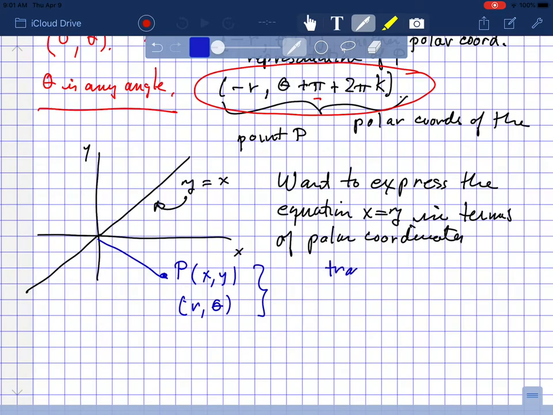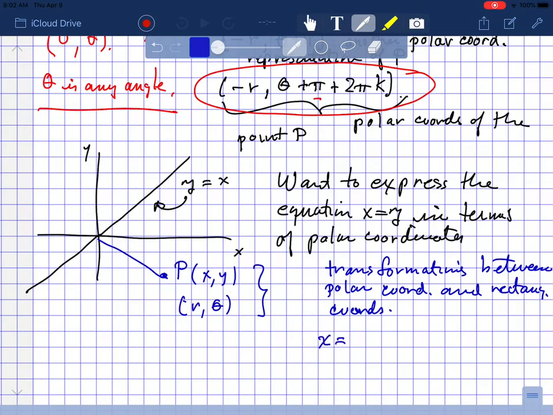So these are transformations between polar coordinates and rectangular coordinates. And they're given by the following. X is equal to r times the cosine of theta, and y is equal to r times the sine of theta. Okay.